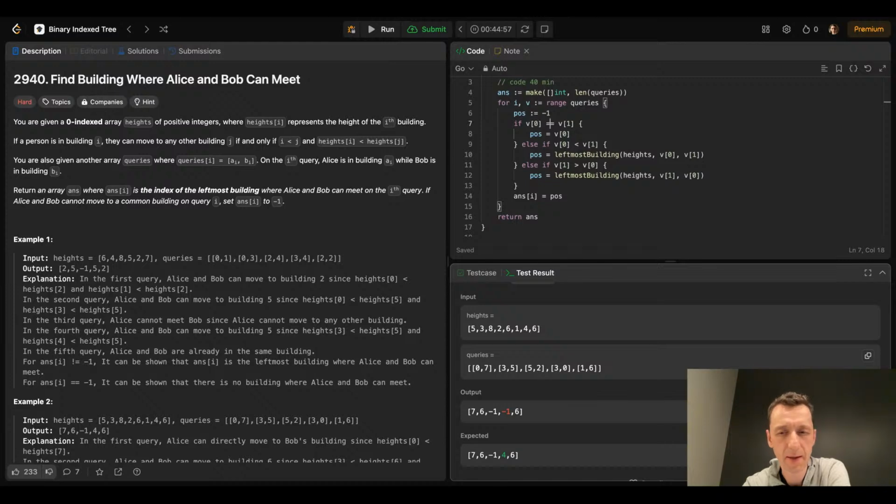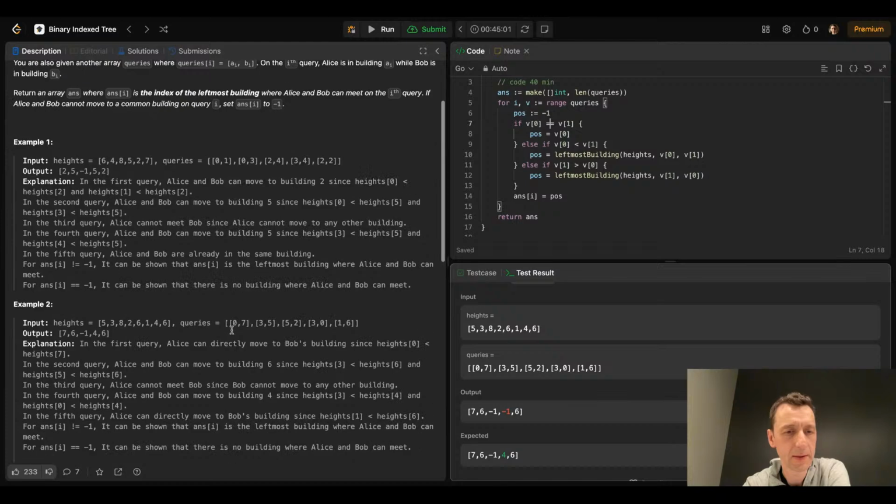In the second case, everything was right, and there is this 3, 0. So B is 0. 1, 2, 3, and 2 and 5. So we have 0 and 3. They can both move to 4.